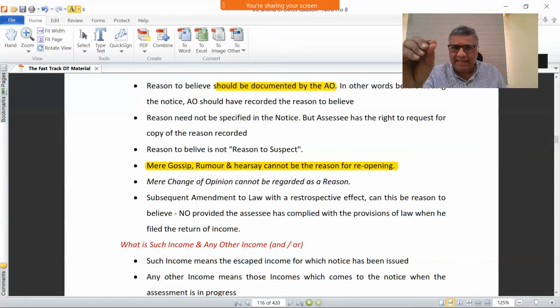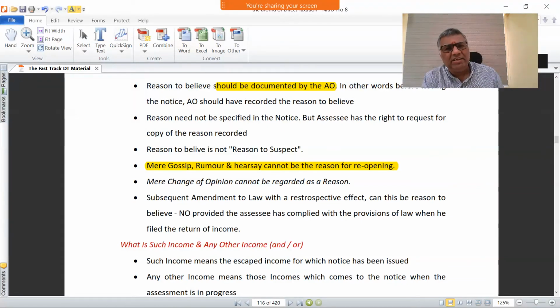Let us take, I completed the assessment of our friend Preeti. I passed the assessment order. Next day morning, I wake up and say, no. Yesterday, whatever assessment order I passed is wrong. I feel that it should be capital expenditure only.